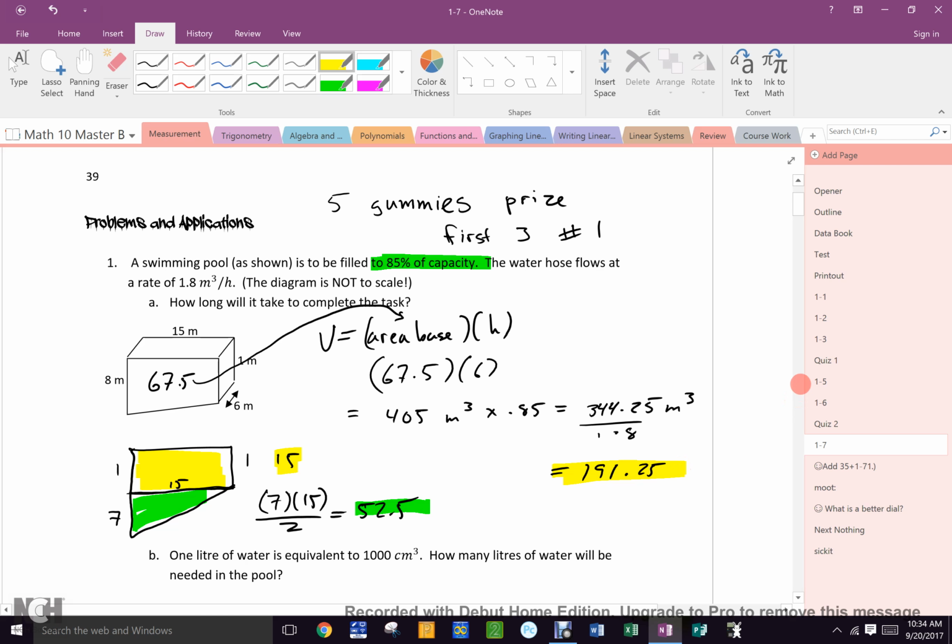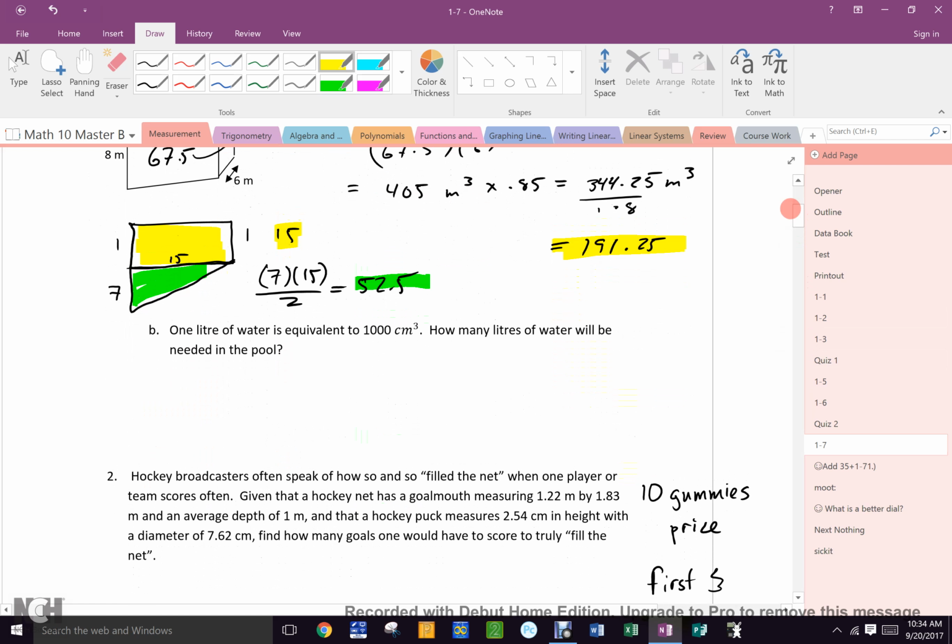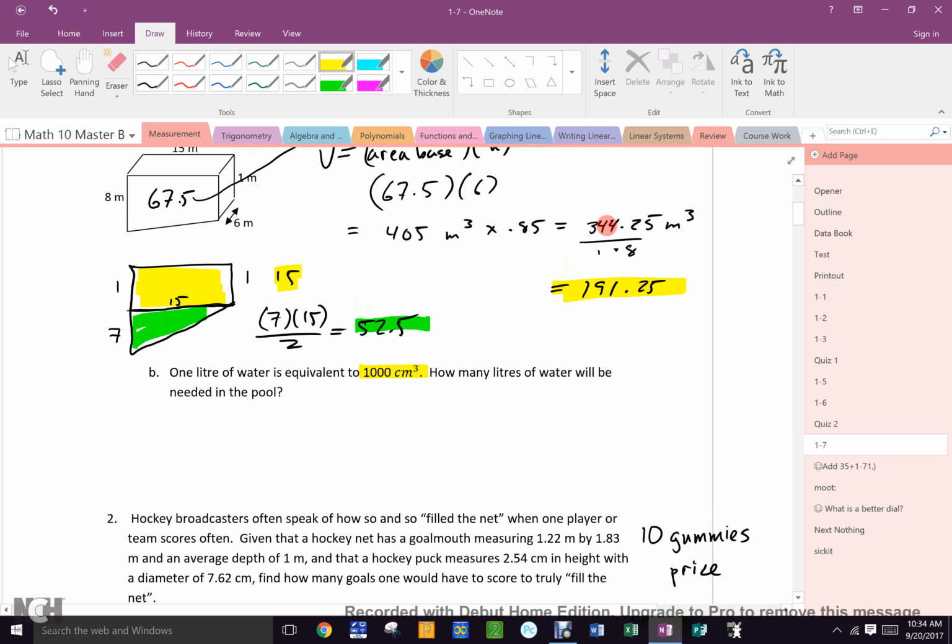All right, next question. This one is very tricky. 1 liter is 1,000 centimeters, right? I have meters cubed, don't I? Well, remember when we did 1 meter and 1 meter, and then we changed it to 100 centimeters and 100 centimeters for a square?